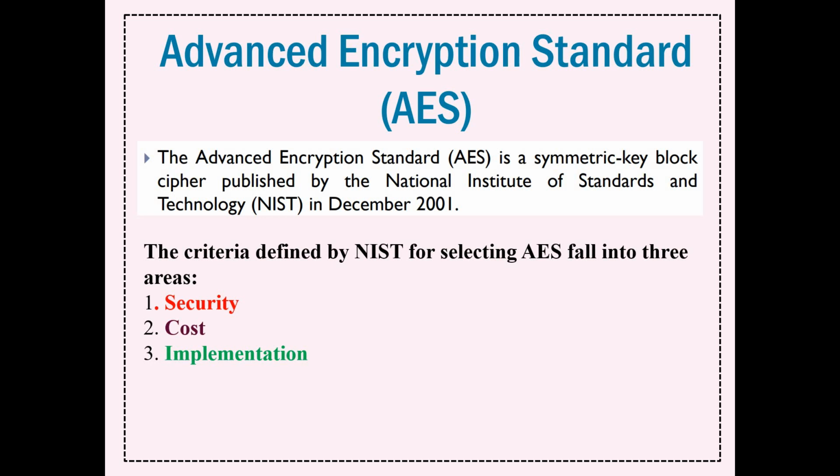As I said, it's called the Advanced Encryption Standard, which, as you can see, was standardized by NIST in 2001. This is also a symmetric key block cipher. So as per the principle of block cipher and symmetric key cipher, it's almost the same, except that it has certain attributes we need to consider.